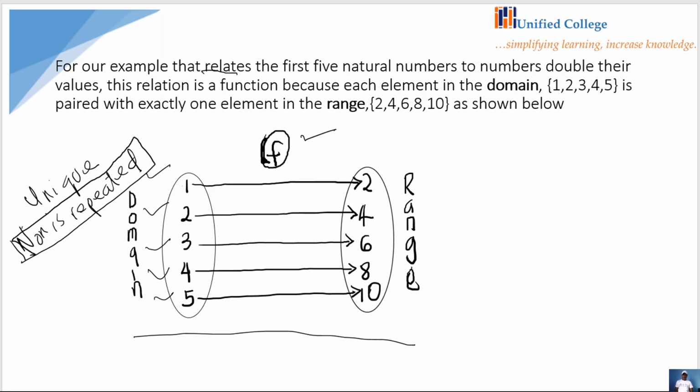When I say a group of elements are unique, what I mean is that none of them is repeated. Now also, if you look at the range, all of them as well are unique.